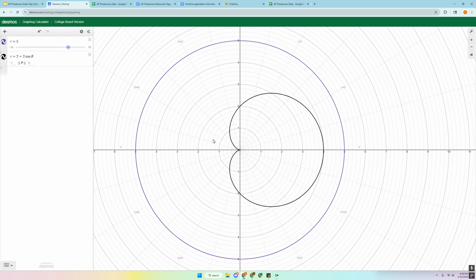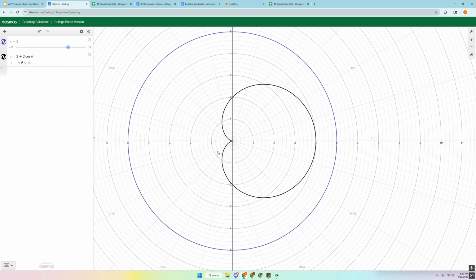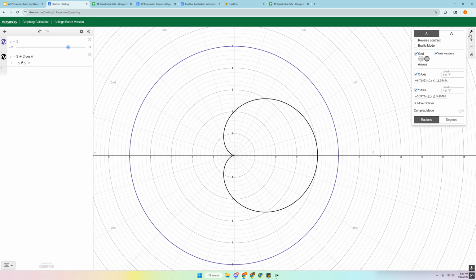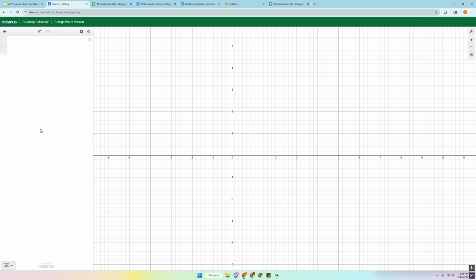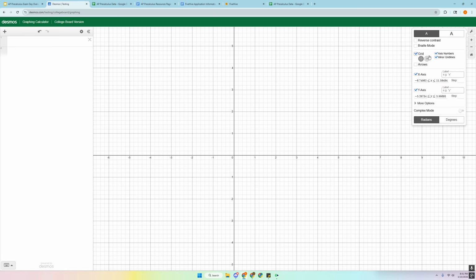So we can have a cardioid and stuff like that. If you'd want to do graphs in polar, you could do polar and stuff like that. Any other questions involving using Desmos? Make a limaçon, okay.